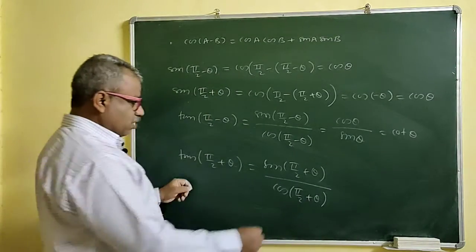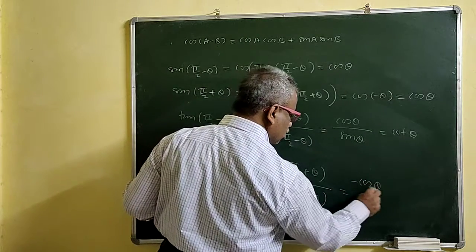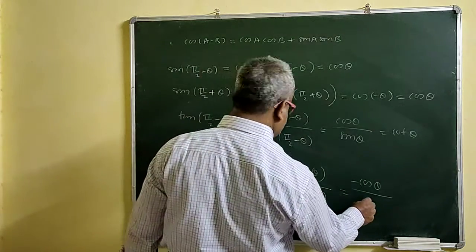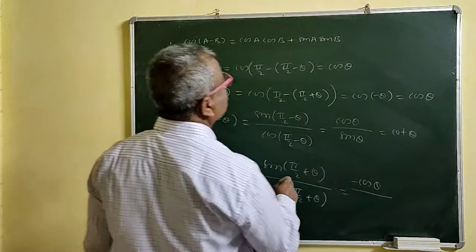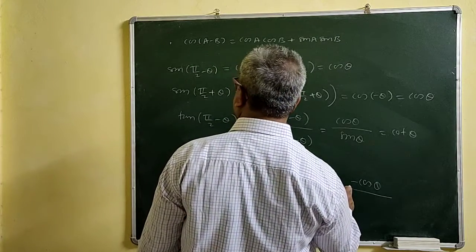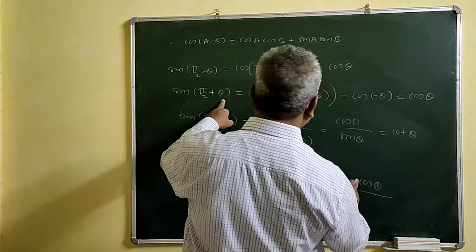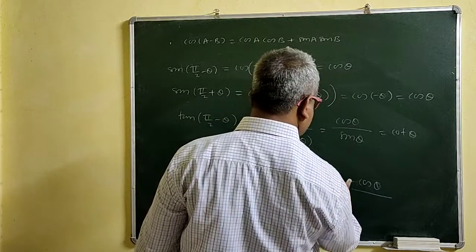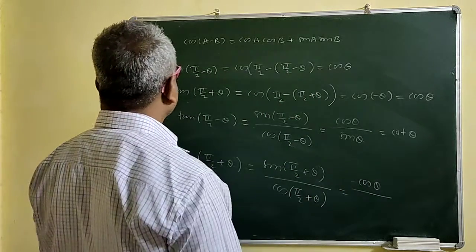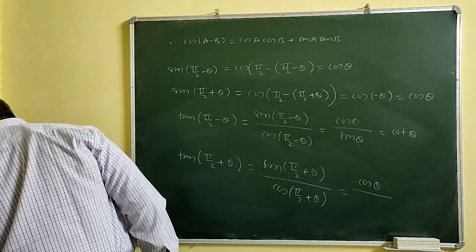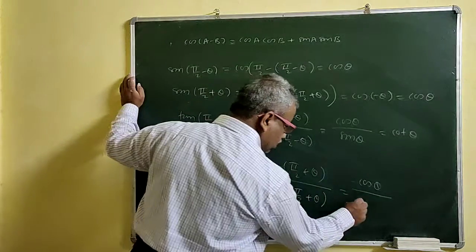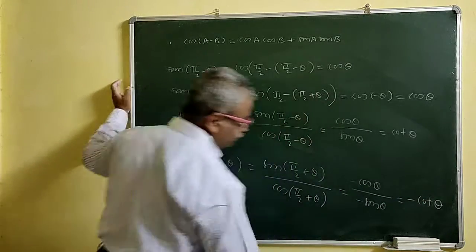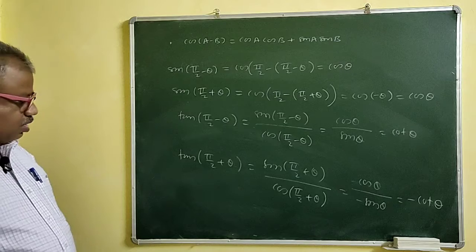Sin(pi/2 plus theta) is cos theta. And what is cos(pi/2 plus theta)? It is minus sin theta. Okay. So this is minus cot theta.